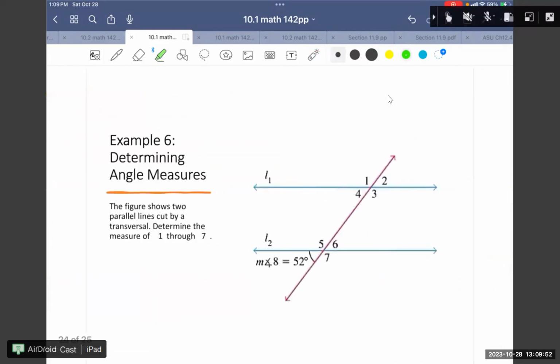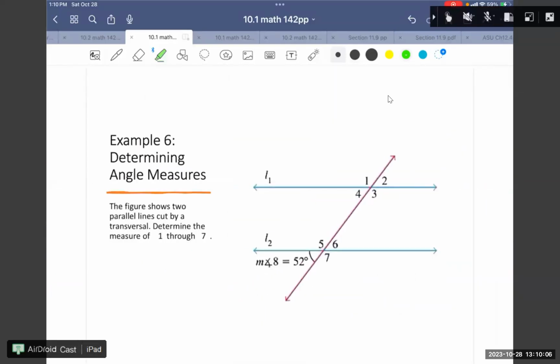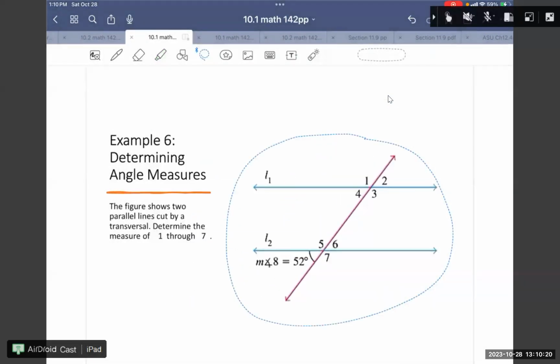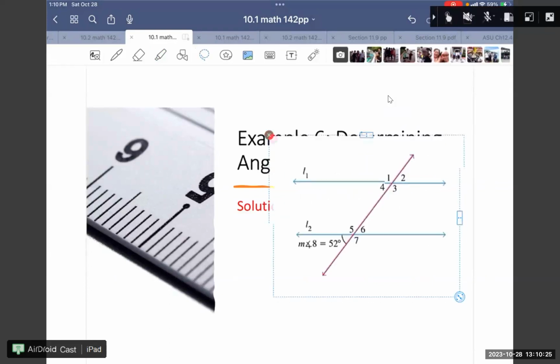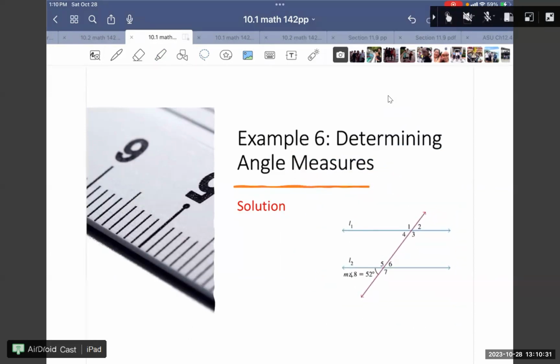Okay, so determine the angles. In this figure, the line cut by the transversal determines angles 1 to 8. Let me copy this for the next one, so I will do this on the next page.